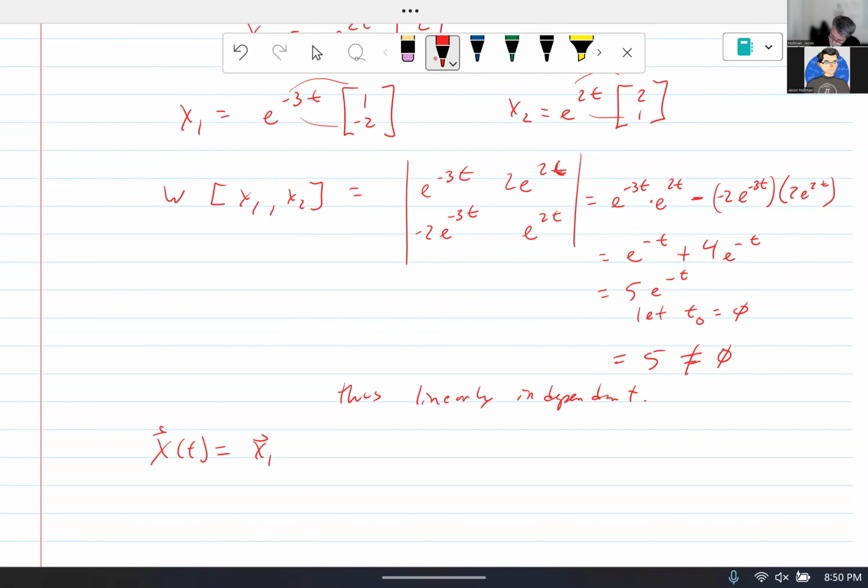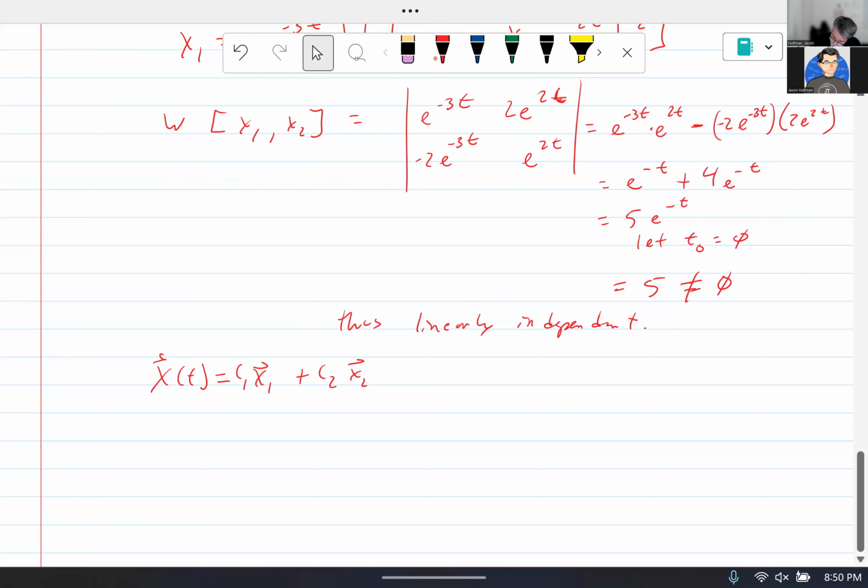That tells me that the general solution should look like x of t equals c1 x1 plus c2 x2. So the general solution should look like c1 times x1, and what was x1 again?